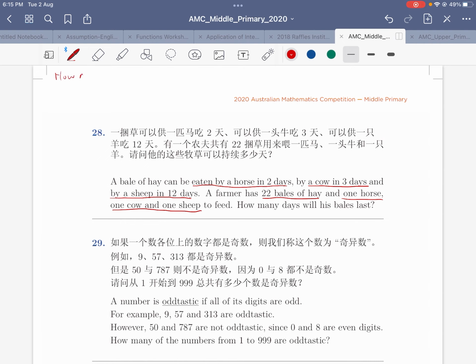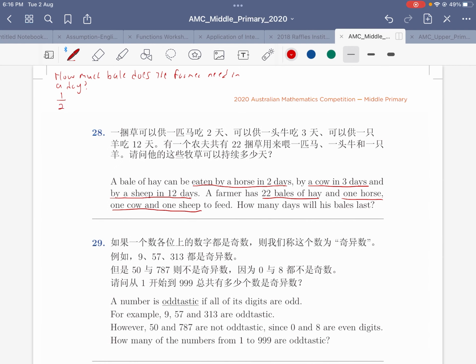How much bale does the farmer need in a day? That's the question that we'd like to ask ourselves. So in this case, if the horse eats a bale of hay in 2 days, that would really mean that in 1 day, it has consumed half a bale of hay.